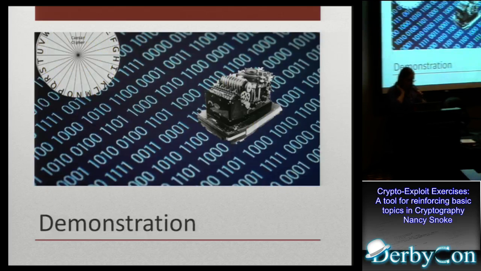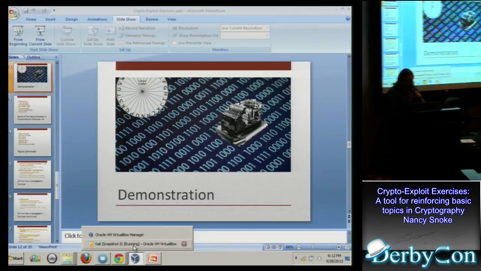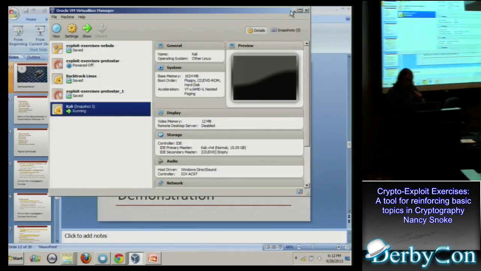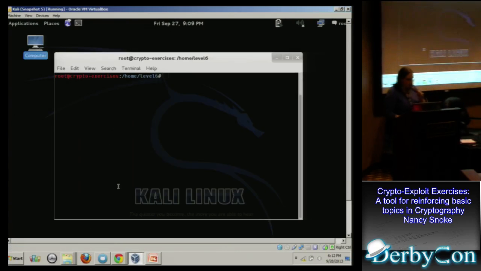So now it's time to look at the actual VM. And I'm already logged on and everything here. In fact, I'm sort of cheating. I'm logged on as root right here, as opposed to the actual level.